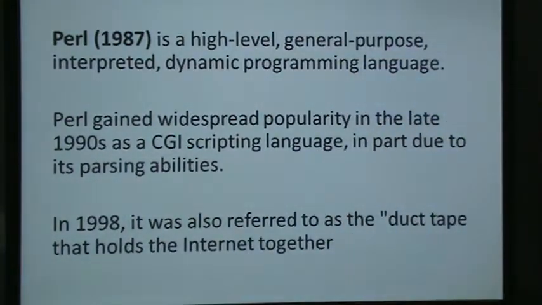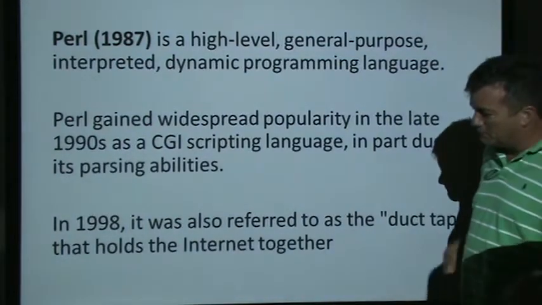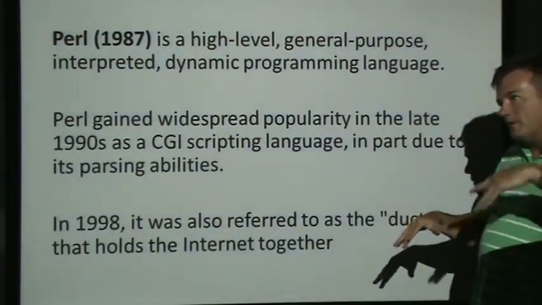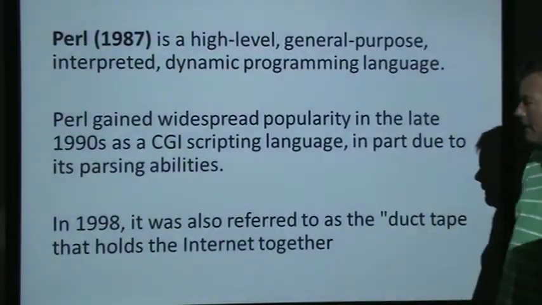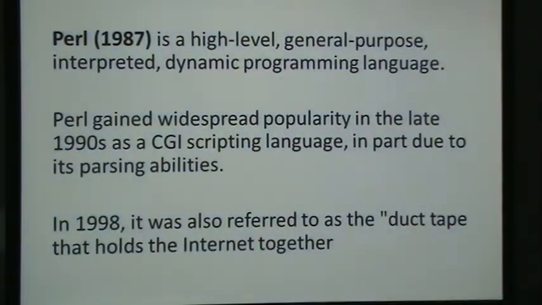And then the Perl programming language, this actually goes back to before the internet was even popular. This was a scripting language where you can just write tasks like open up a file, read some records from it, and write the file to somewhere else. This really had nothing to do with the internet. But one of the very interesting things about Perl was that it had a very good parser.